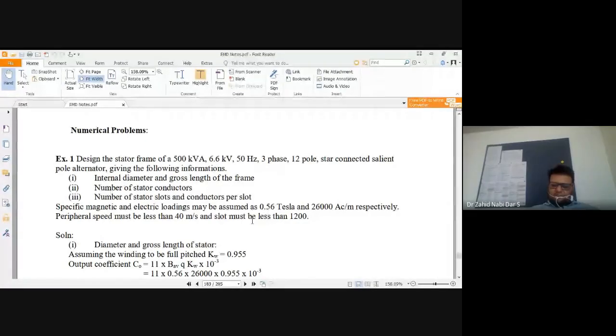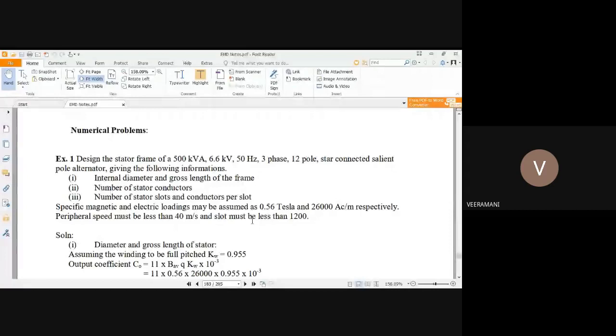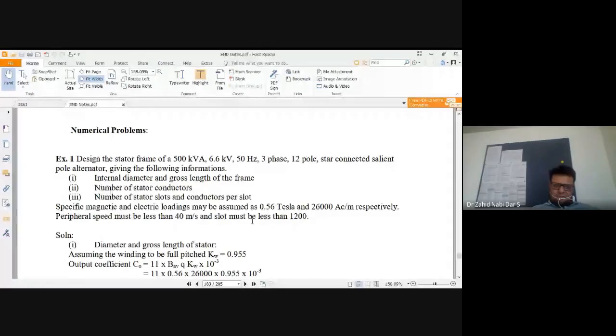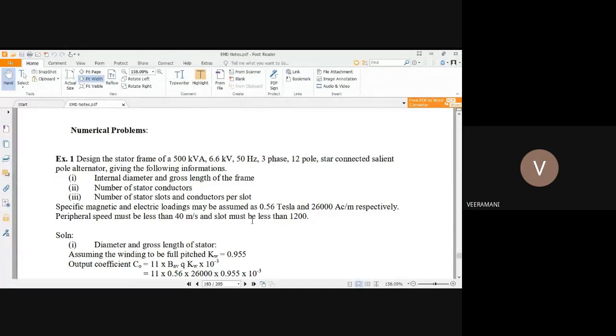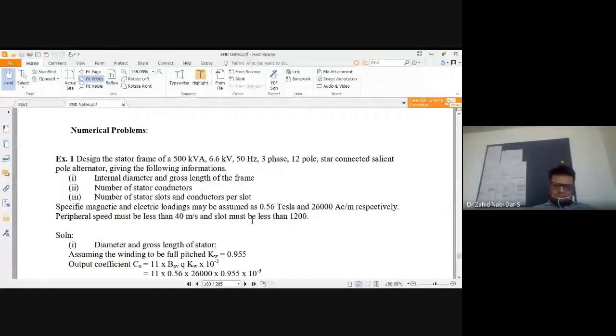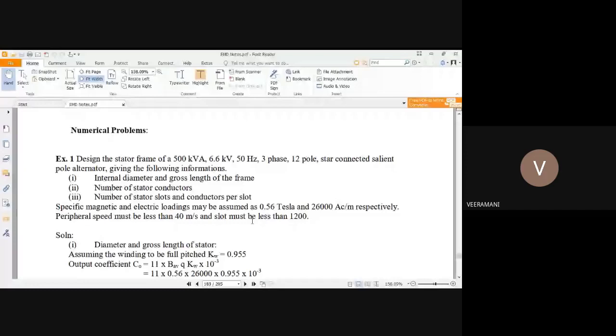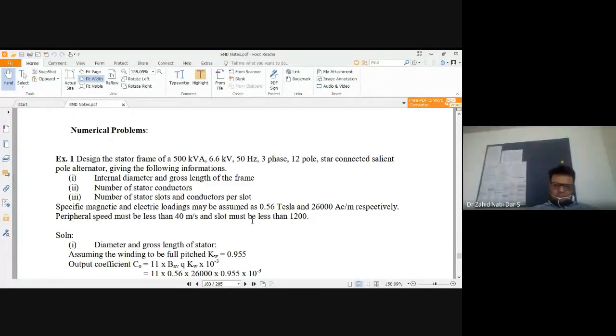Design the stator frame of a 500 kVA, 6.6 kV, 50 Hz, star connected salient pole alternator, given the following information: internal diameter and gross length of frame, number of stator slots and conductors per slot, specific magnetic loading of 0.56 and specific electric loading of 6,000 ampere conductors per meter respectively.